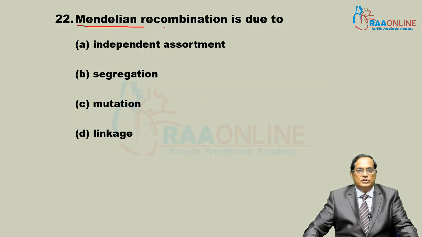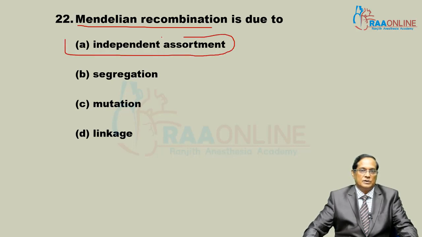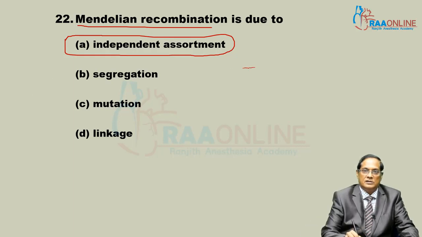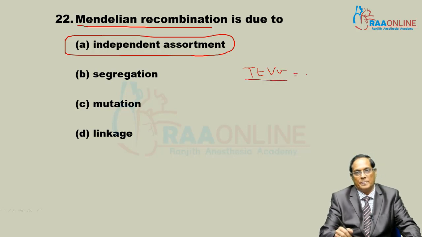Mendelian recombination. Simple answer, that is due to independent assortment. This plant is hybrid tall, and for flower color, violet flowers are there, but it is hybrid.